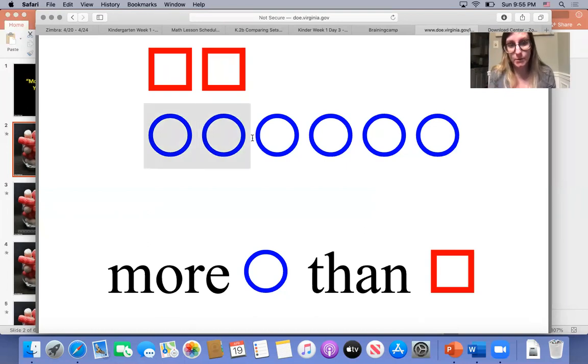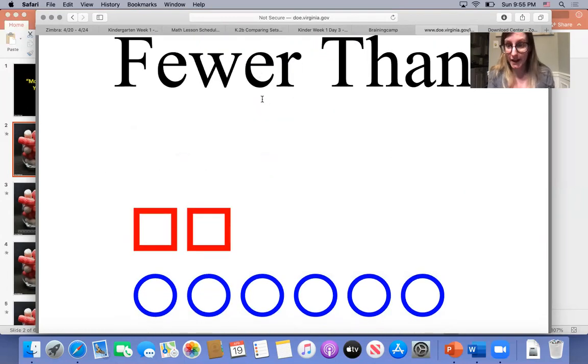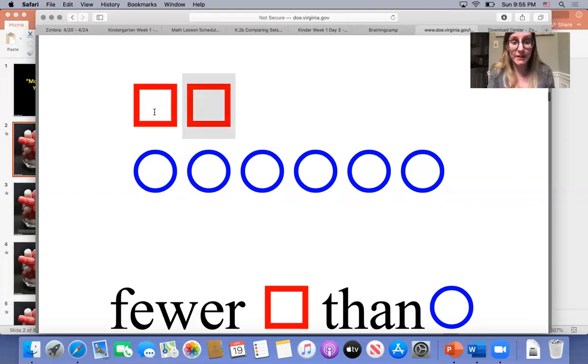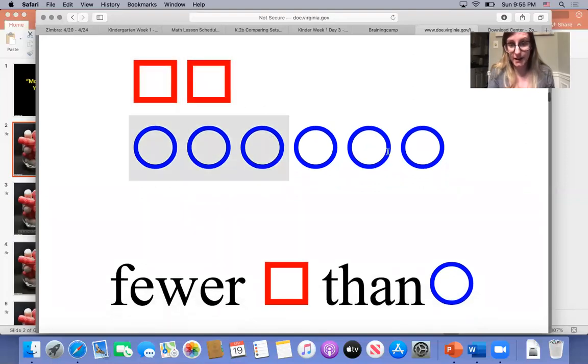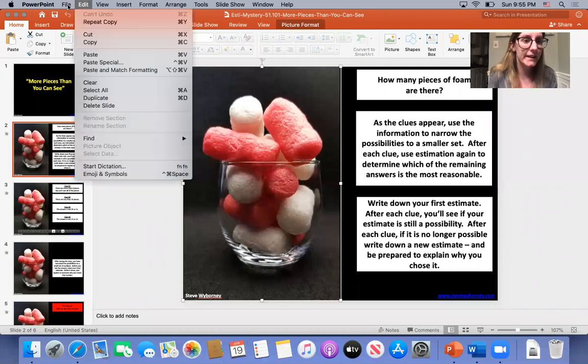So here there are more circles than squares. And when we say fewer than, it means a smaller amount. So here there are fewer squares than circles because there is a smaller amount of squares than circles. We're going to use that thinking. We're going to get our brain thinking about more and less and fewer and the same today.